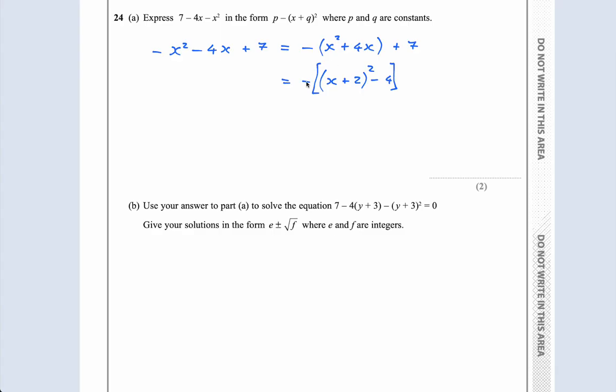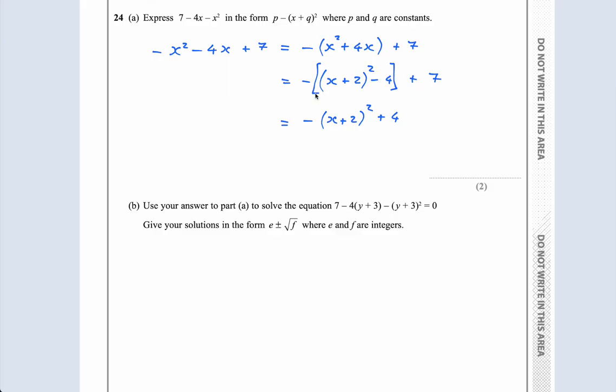Okay, now note the minus is outside of everything, so put a big bracket outside here, because that minus 4 is with this minus, and the plus 7 is just separate on its own. Then I'm going to multiply out this minus. It's minus x plus 2 squared plus 4.